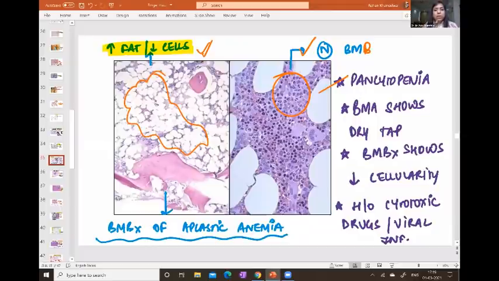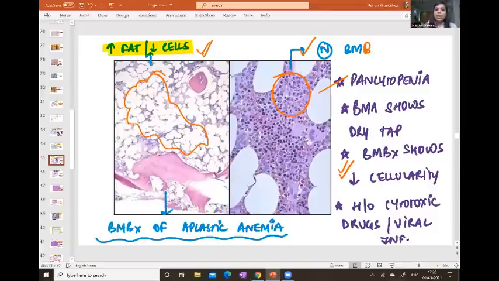Then the peripheral smear will show pancytopenia. The TLC will show pancytopenia. The bone marrow aspirate, if I do, will show a dry tap. In some time, I will tell you how to identify bone marrow needles, what is a dry tap. Please wait for some time, right? The bone marrow biopsy will show decreased cellularity and increased fat, as I can see in this image, right?